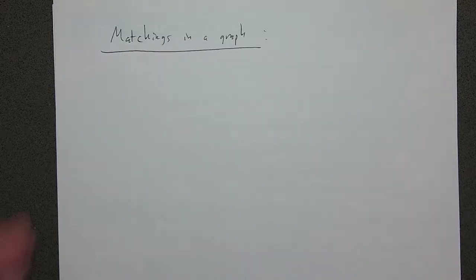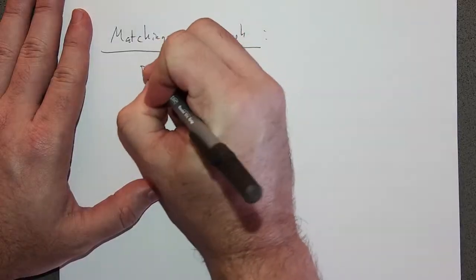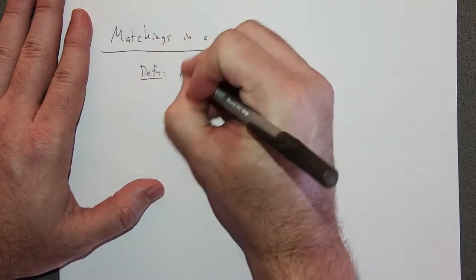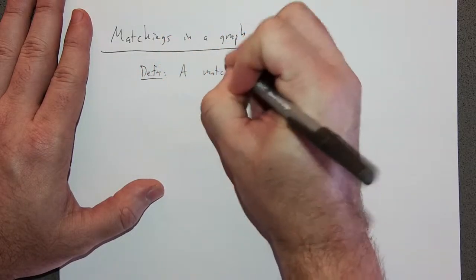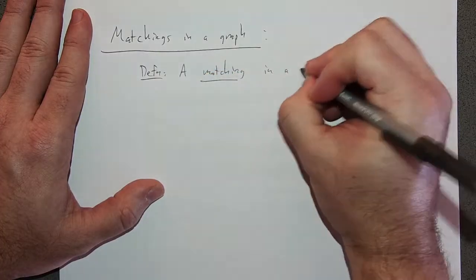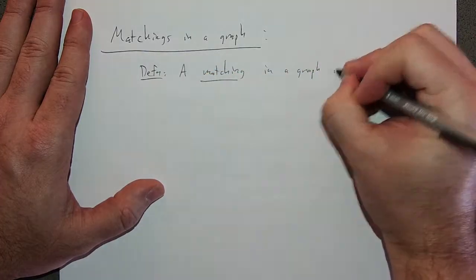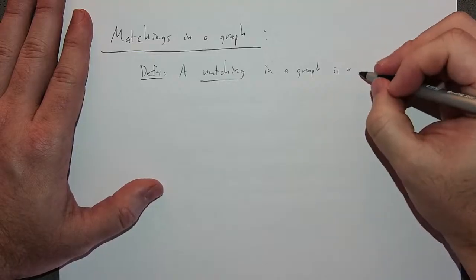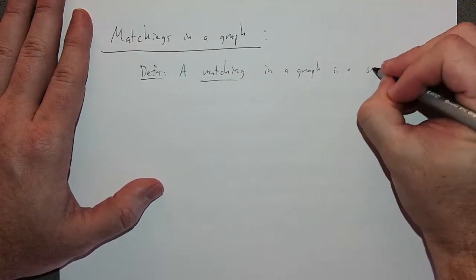So what is a matching in a graph? Quick definition. A matching in a graph is a set of independent edges.